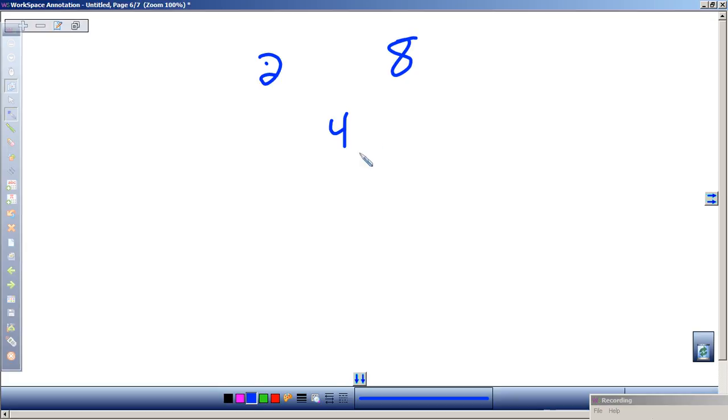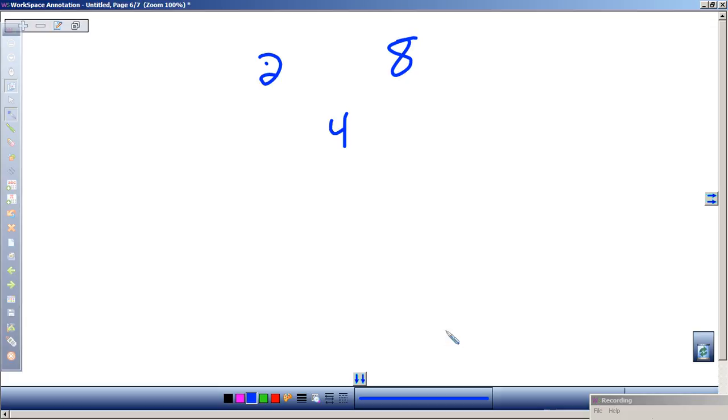So instead of adding and dividing, which is arithmetic mean, geometric mean is multiply and root. Anybody done that before? Oftentimes taught in geometry class.